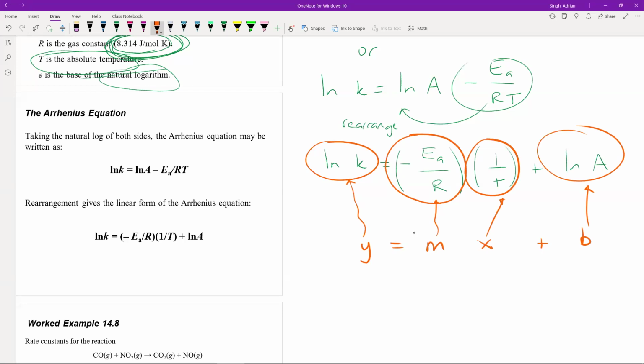That is going to be important because we can use that Arrhenius equation, rearrange it, and if we plot a graph, we can approximate it to a straight line and extract these values from a graph of experimental data.